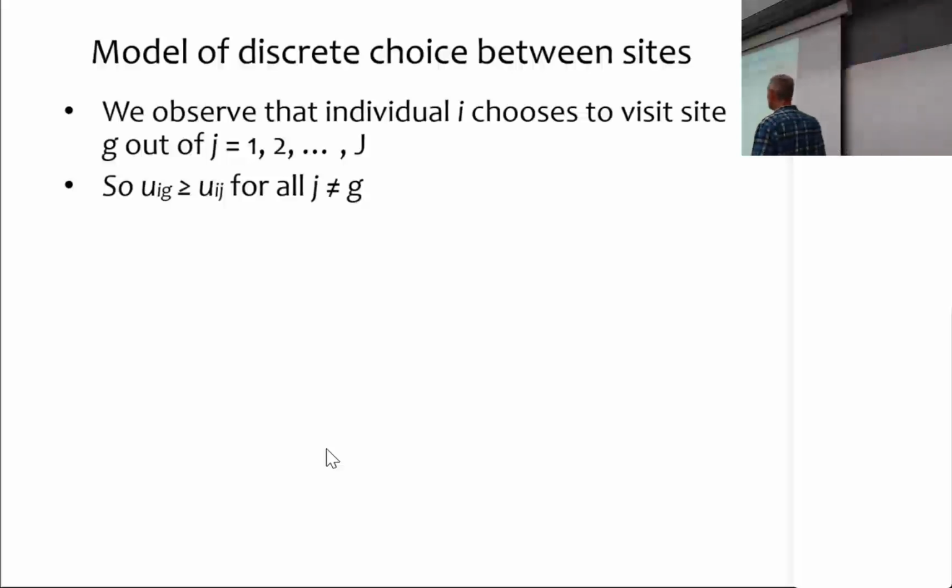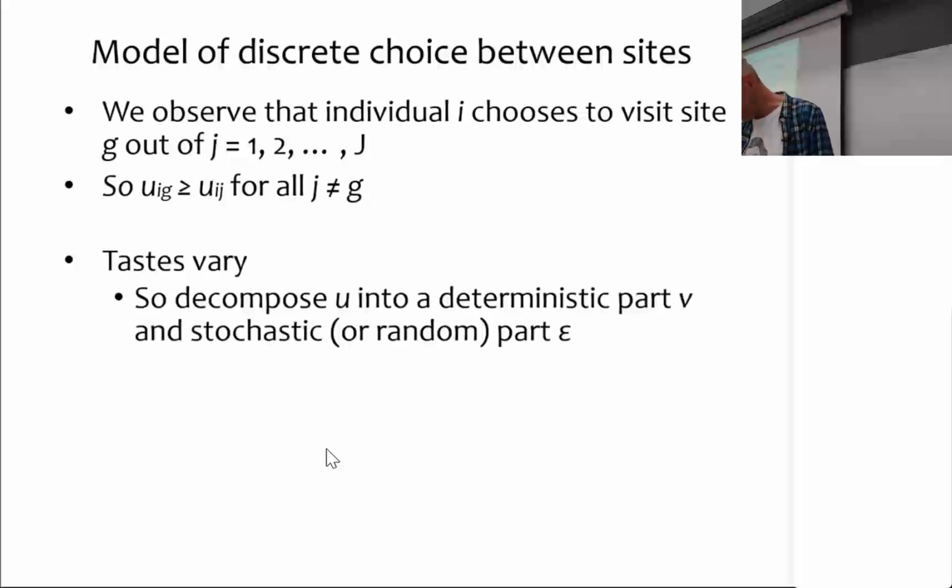What we can deduce from that is that the utility that individual I derives from going to G, the park that she chooses, is greater than the utility she would have derived had she gone to another park, J. So that is something we can infer from this choice, assuming that she is rational and informed about the quality of the different parks.